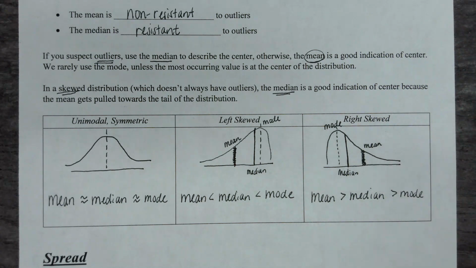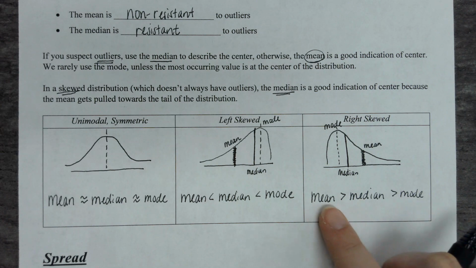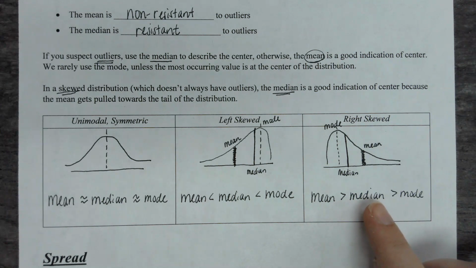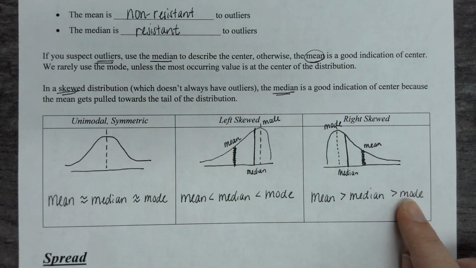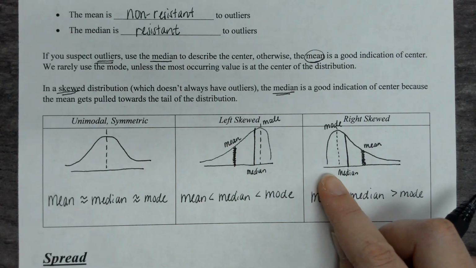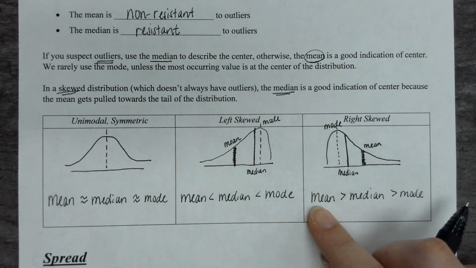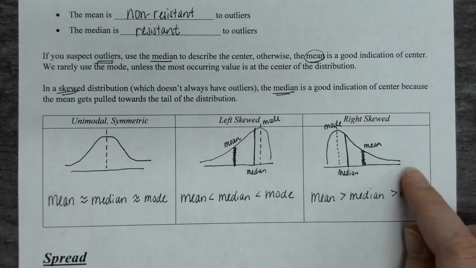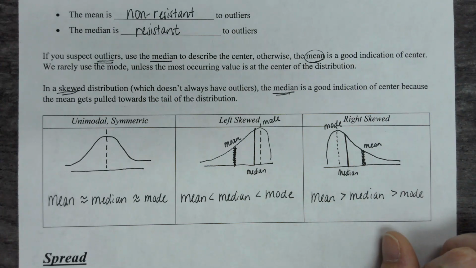My mode is my lowest number here, so this value is too low for my center. This value is too high for my center. Median is going to be right in the middle, which is a good indication of the center, because the mode gets put wherever our peak is, which is going to be on the left. And then we have the mean getting pulled up high due to my right values and my high x values here.